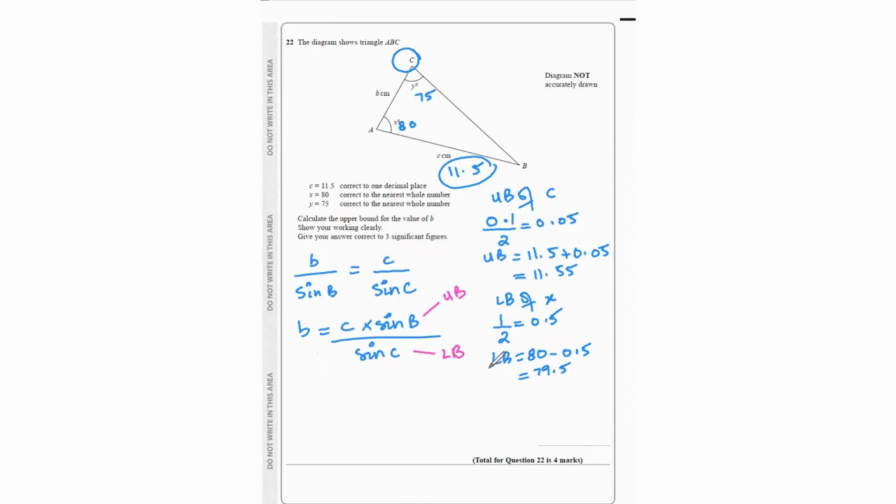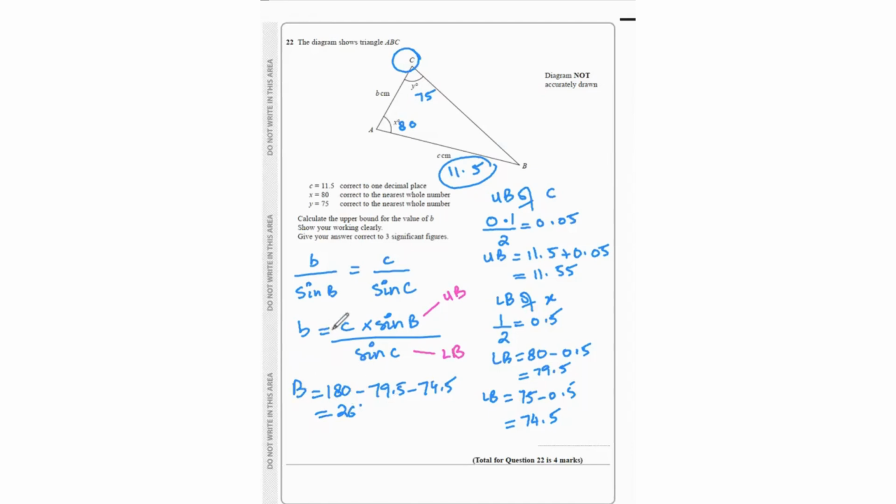Then the same for Y. Since it's also correct to the nearest whole number, it's going to be 75 minus 0.5, which is 74.5. So B is going to be 180 minus 79.5 minus 74.5, which is going to give us 26. So 26 degrees is the upper bound of angle B.